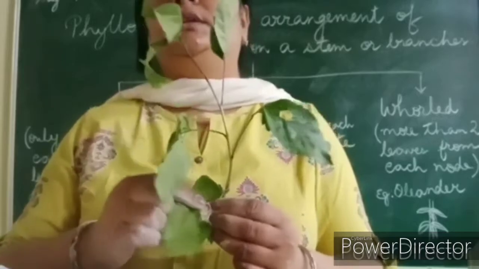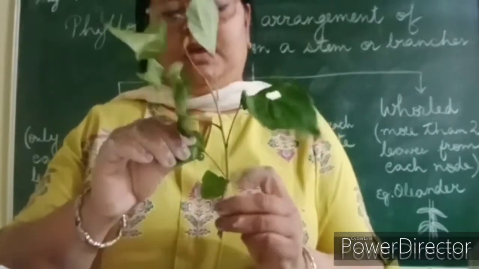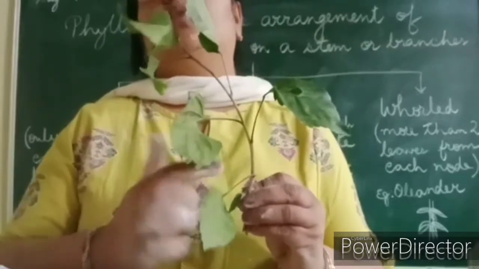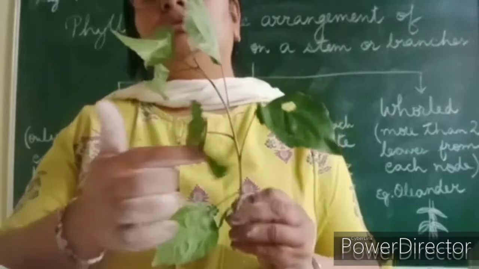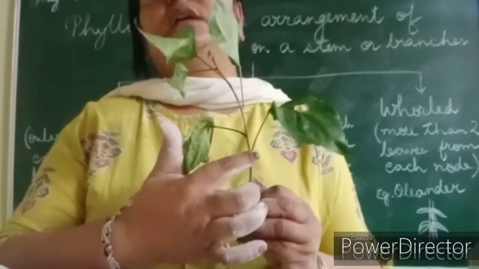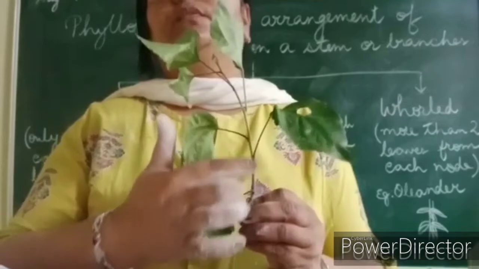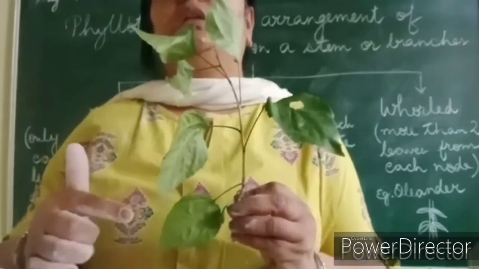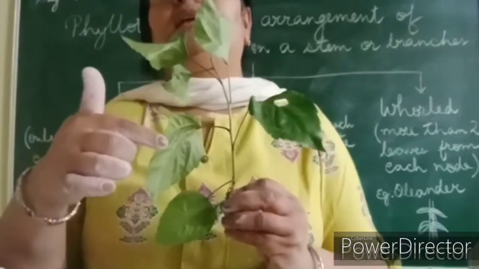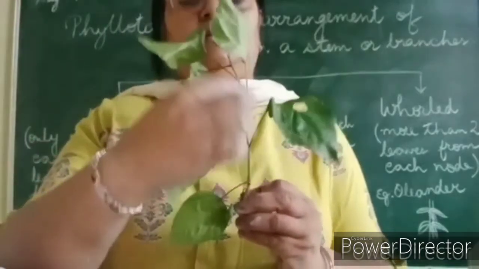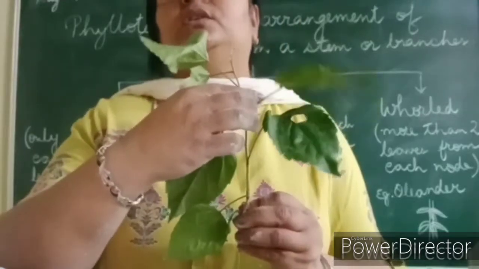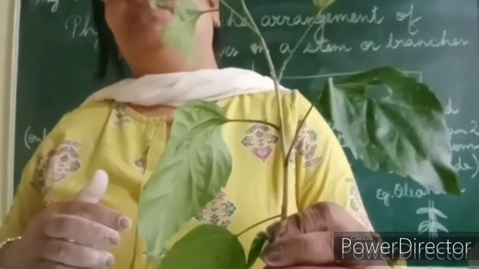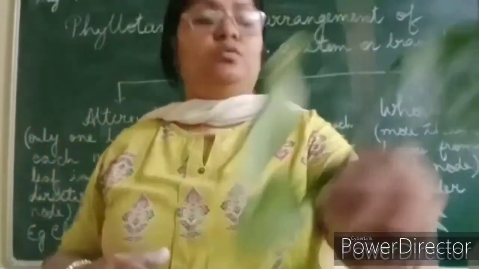Note there is one leaf from every node. The next leaf arises from the successive node in the opposite direction. One on the left, the next on the right, again one on the left, the other on the right. This is called alternate phyllotaxy, found in China rose.